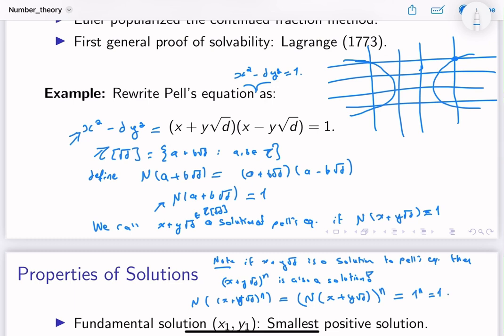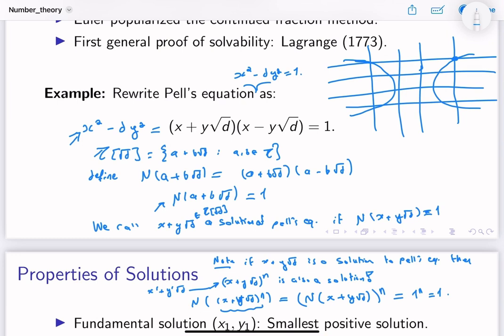So if you raise a unit to any positive power, it's also going to be a unit. And if you expand it by the binomial theorem, you can rewrite it as some x prime plus y prime square root of d, and x prime, y prime is now a new tuple that satisfies Pell's equation.